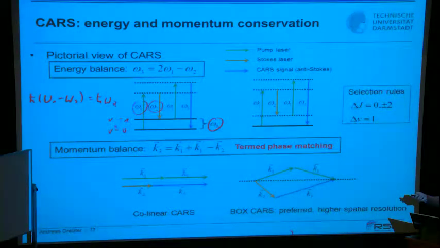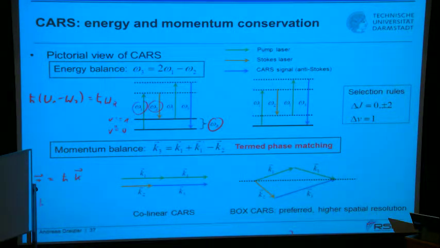Now, there is something coming into play which we have not yet considered in the other techniques. We have considered only so far the energy balance. But you have to recognize that there is as well a momentum balance. So each photon contains as well a momentum. Momentum p given by the reduced Planck's constant and a wave vector.